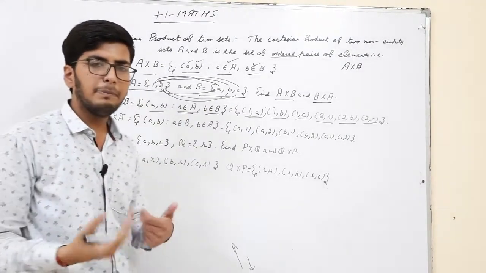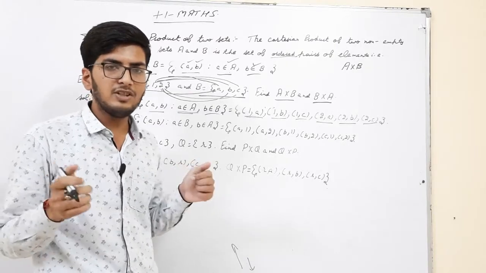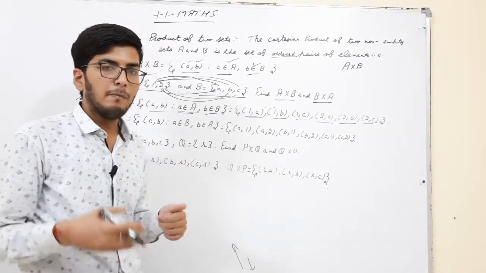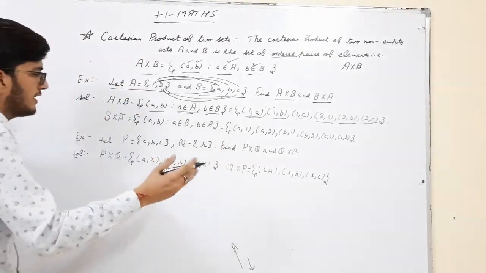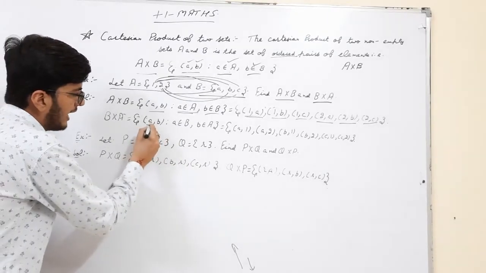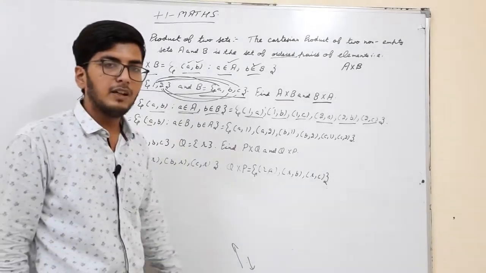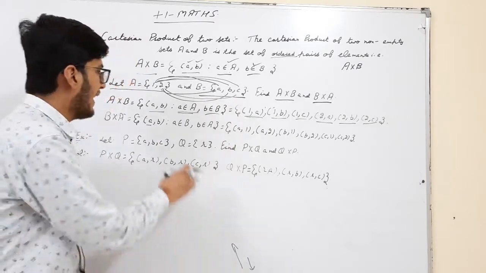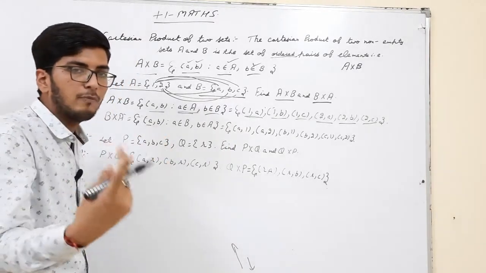Now we have to find B cross A. Nothing has changed, we only have to do the pairing. But how will we do the pairing? We will change the order: the first element of the pair will be from the second set and the second element of the pair will be from the first set.